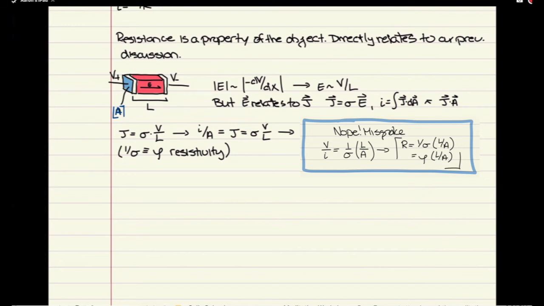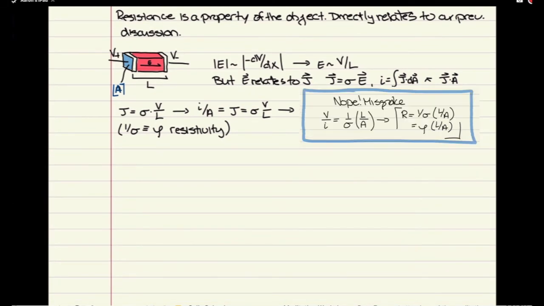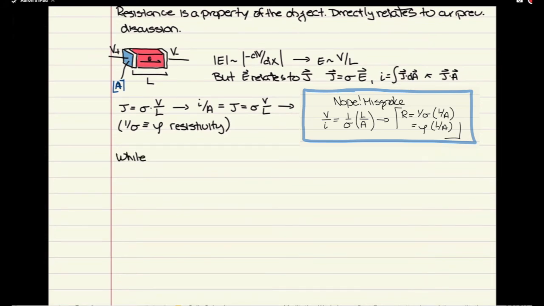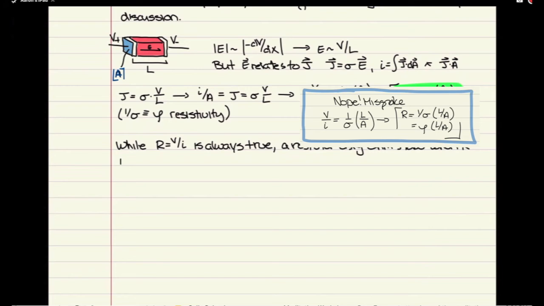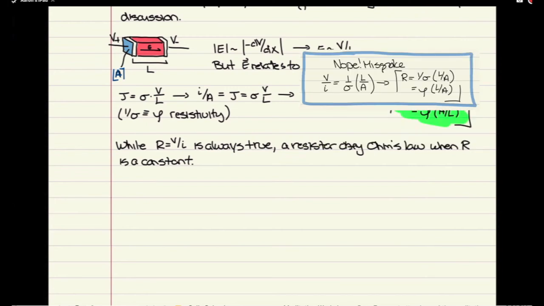And so we say then, while R equals V over I is always true, a resistor obeys Ohm's law when R is a constant, which again is just an equivalent statement of saying that the conductivity or the resistivity is a constant, going back to our previous definition of Ohm's law.